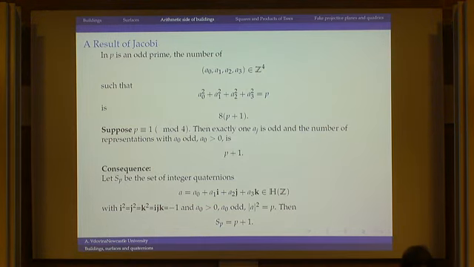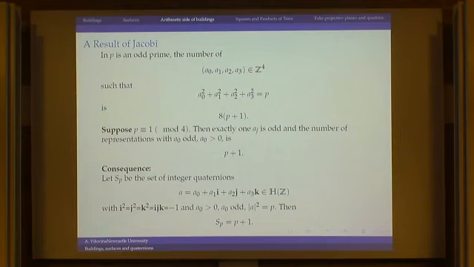Okay, so now let's look at the arithmetic side of buildings, and we will talk mainly of products of trees later, but now we just talk about trees. Now let's do elementary number theory.